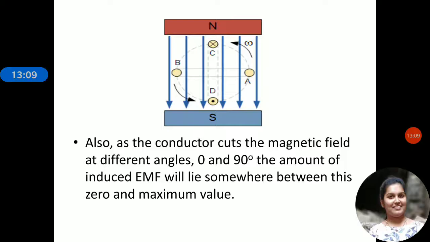Otherwise, in any direction, when the magnetic lines of flux come in contact with the current carrying conductor, an EMF will be induced, and that EMF amount will depend on factors like the length of the conductor, the speed at which it is rotating, and the magnetic flux or the number of magnetic lines being cut.